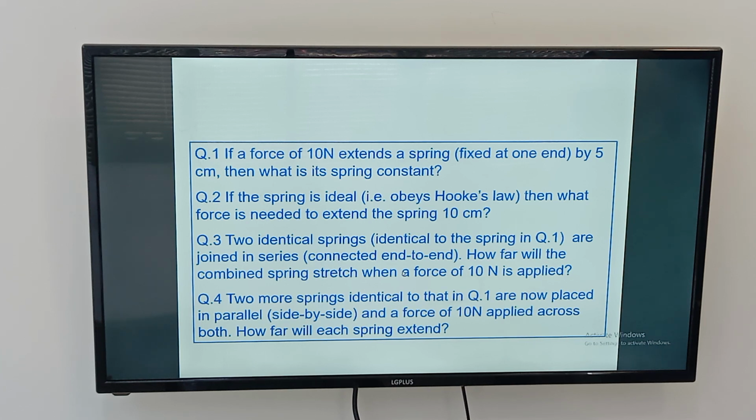How far will the combined spring stretch when a force of 10 Newton is applied? When you look at the words how far, this means what they want in the question is the extension, or the length.